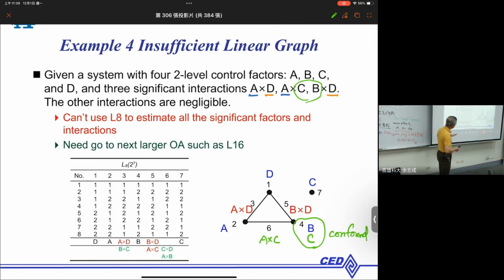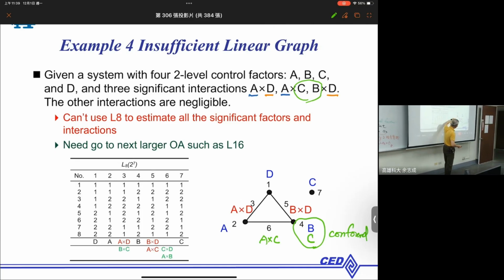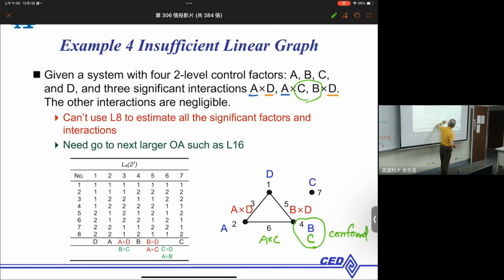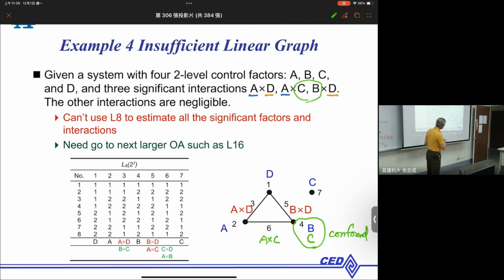Why is that? Let's look at your arrangement. You are putting A, B, C, D into 1, 2, 4, 7, right? Since there's only one dot left, you put C here. But you can see this is no good.